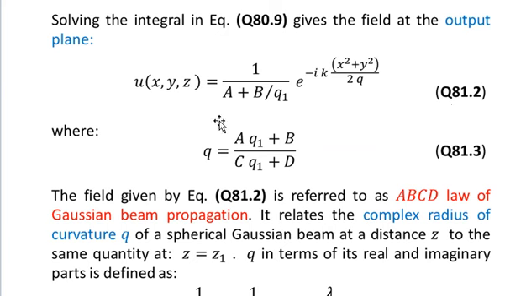Equation number 2 gives you the field at the output plane, and you can notice that the phase factor in terms of q is present, and then q can be expressed as shown in equation number 3 in terms of the q1 parameter. And you know that q and q1 are the complex radii of curvature of the spherical Gaussian beam at the output plane and at the input plane respectively of the figure shown in the appendix.